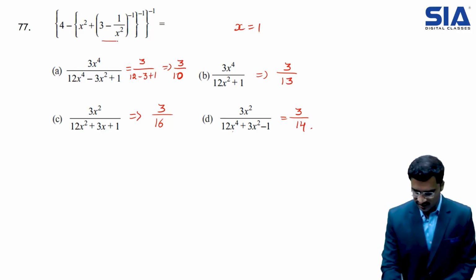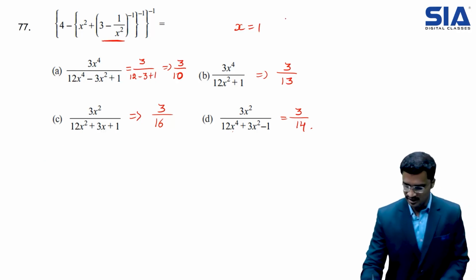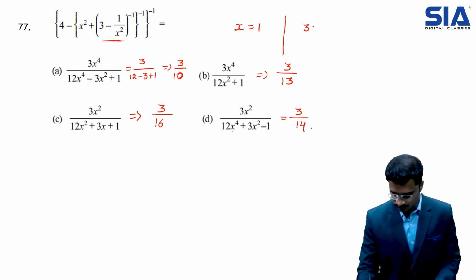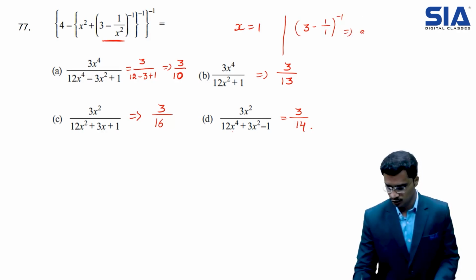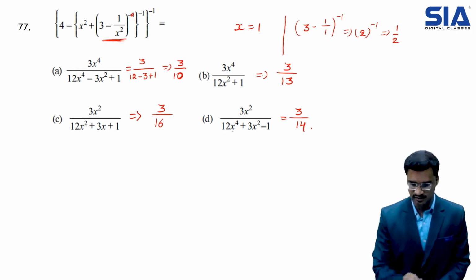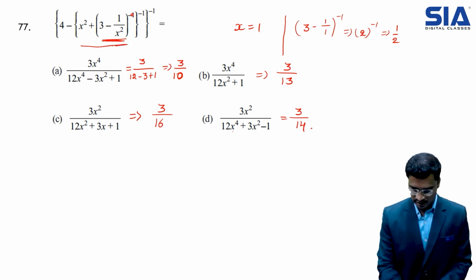So let us substitute x equals 1 in the question. Let us solve bracket wise. So 3 minus 1 by 1 whole to the power of minus 1. So 3 minus 1 is 2. 2 to the power of minus 1 can be written as 1 by 2. So instead of this bracket and this power, I can write it as 1 by 2. Now let us solve this one, which is x plus 1 by 2 whole to the power of minus 1.